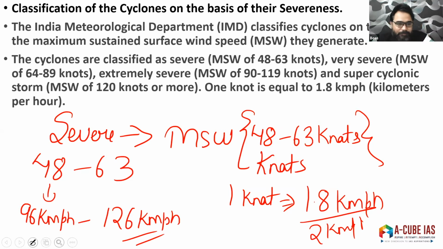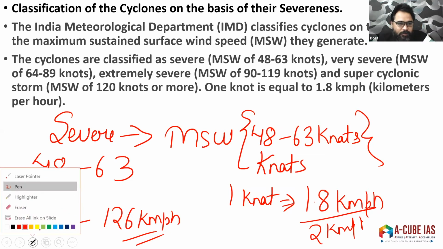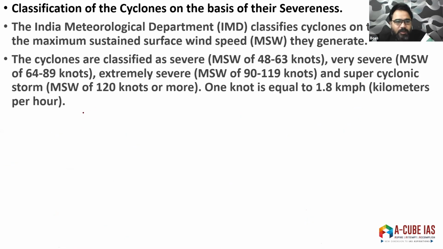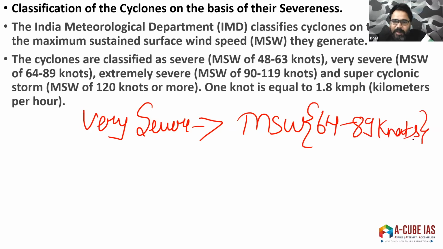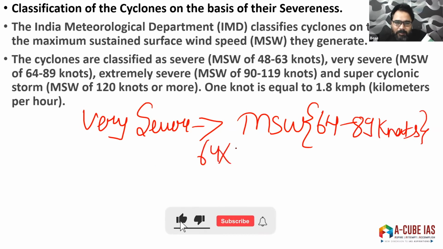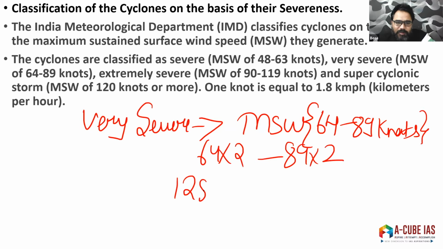This was the case for the severe ones. Let's talk about the very severe ones. The cyclones classified under the category of very severe have an MSW between 64 and 89 knots. You can calculate the speed by multiplying 64 by 2 and 89 by 2. That is going to be 128 kilometers per hour to 178 kilometers per hour.